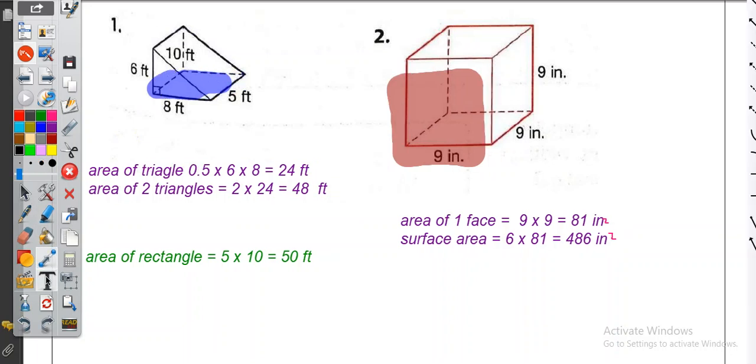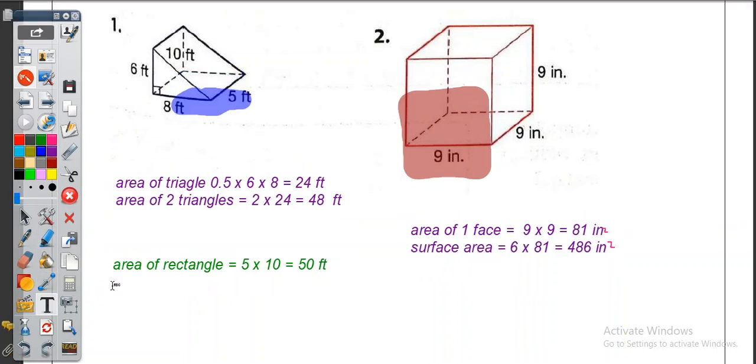Yes, we will say that the area of the rectangle, the blue one, equals 5 times 8, which is 45 square feet.